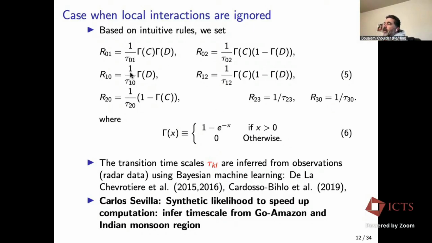These are time scales. They will have units of time. They are reference time scales, if you wish, of these transitions of the cloud dynamics, or transitions of clouds from one type to another, which roughly we know from experience are on the order of minutes to hours.